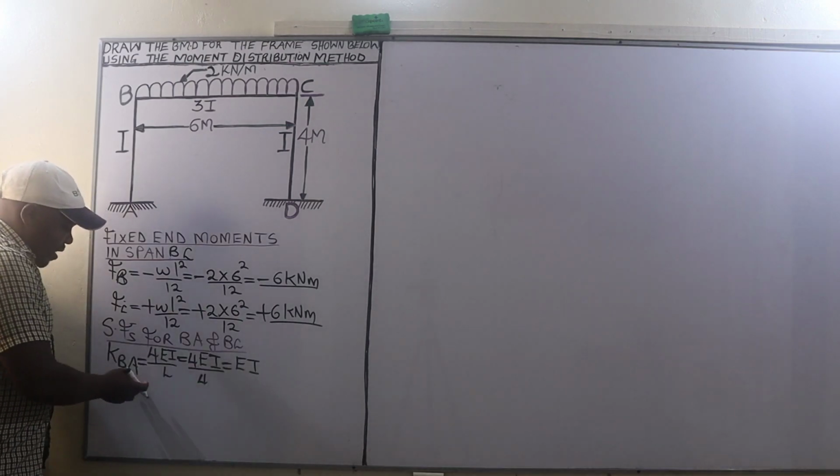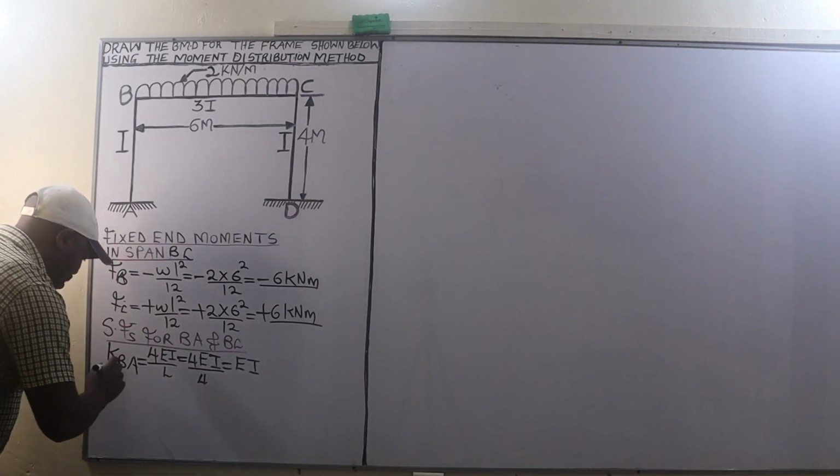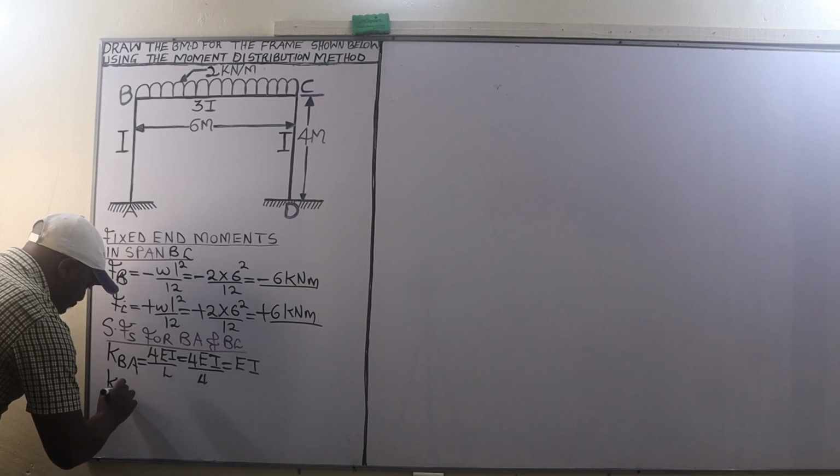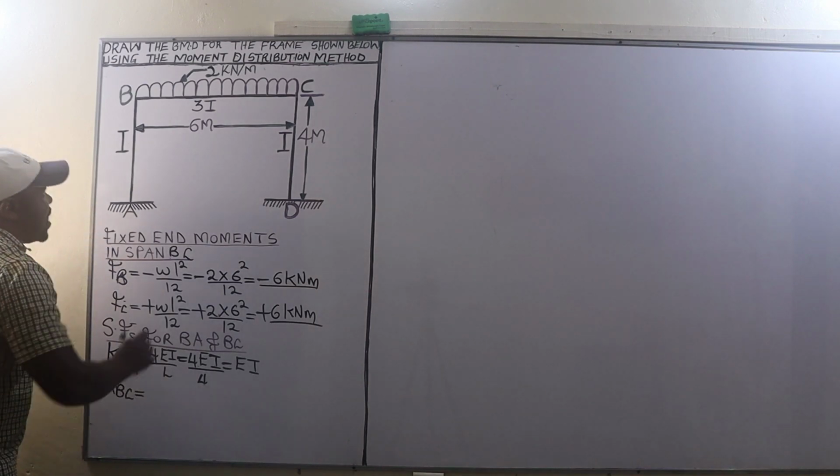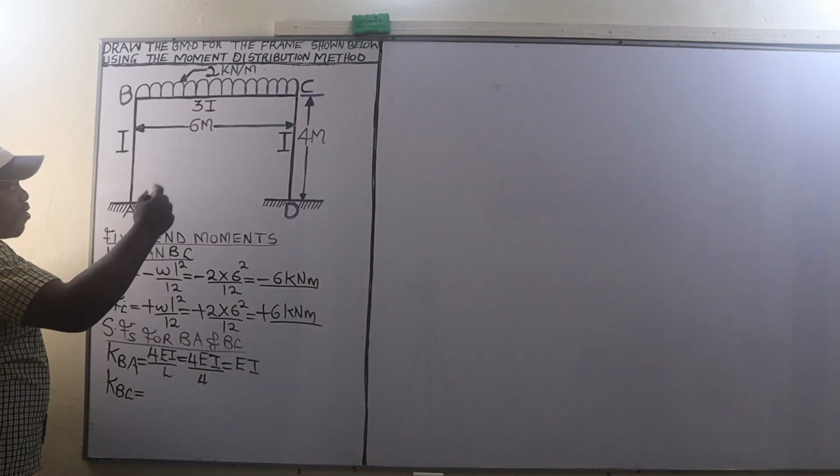Then after determining the stiffness factor for member BA, we are going to determine the stiffness factor for member BC. Remember BC is the loaded beam.